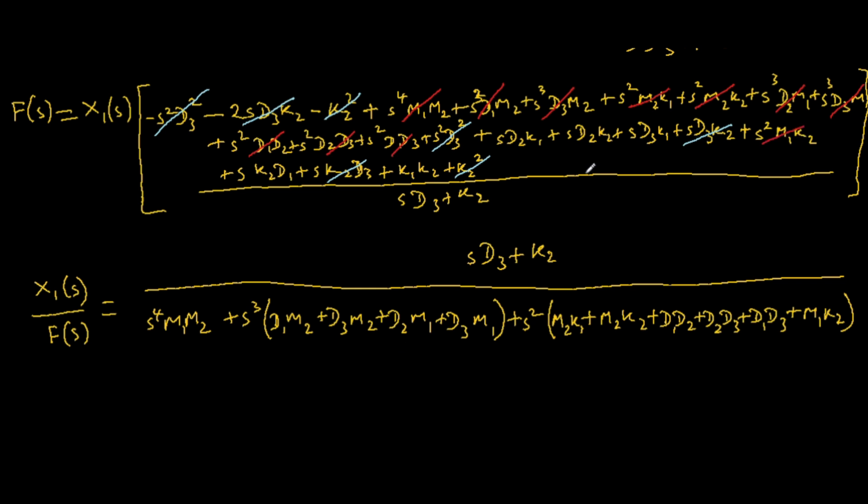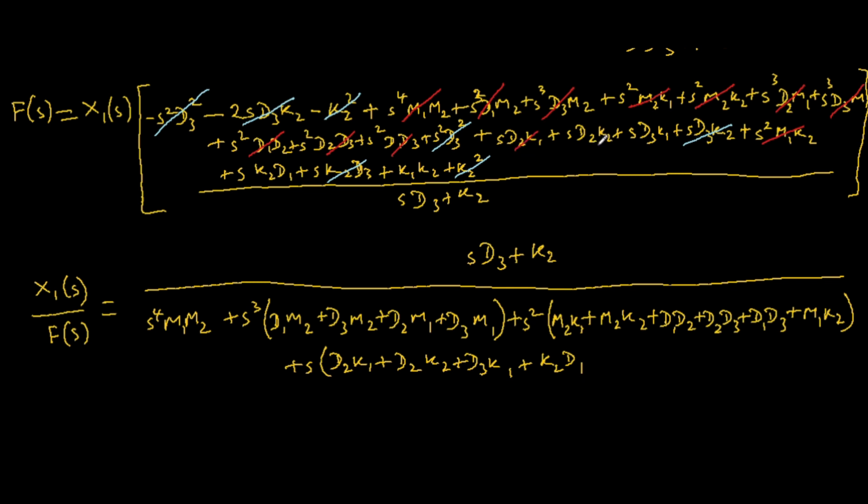And we're left with 2 sets of terms. The s terms, plus s into, so how far have we gone? We've come to this point, d2 k1, plus d2 k2, plus d3 k1, plus k2 d1, and I think that's what we have for the s terms.